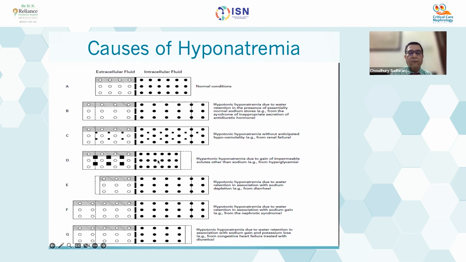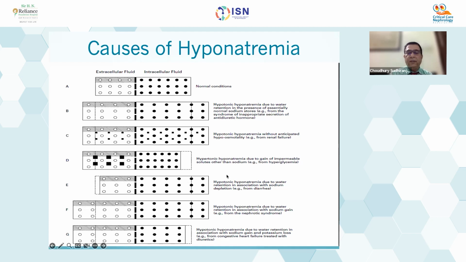The other form of hyponatremia is hypertonic hyponatremia, due to a hyperosmolar state, especially hyperglycemia. You can see here the black square is the glucose molecule, which will drag water from the intracellular fluid into the extracellular fluid, thereby causing hyponatremia, and there will be intracellular shrinkage of the cell membrane.